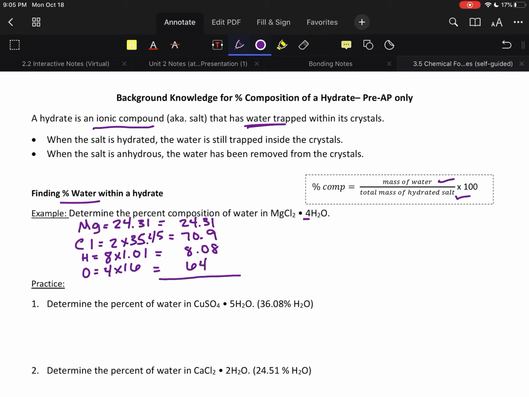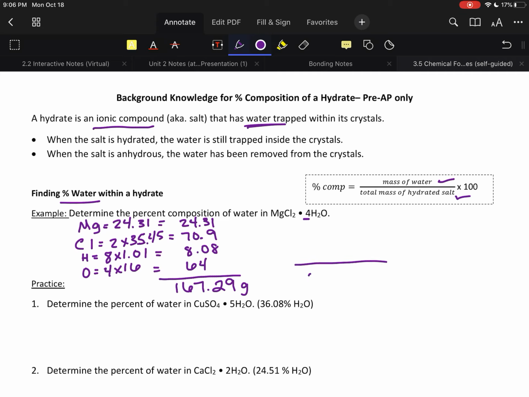Okay, and then now I can total everything up. Let me grab my calculator here, and then you can add yours up along with me. Double check my math. So the total here is 167.29 grams. So this is my total mass here.